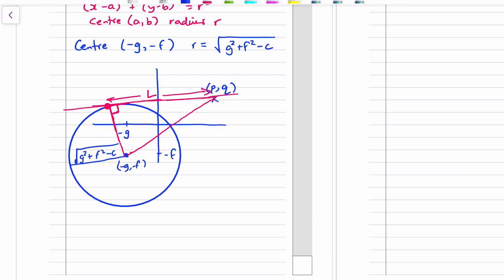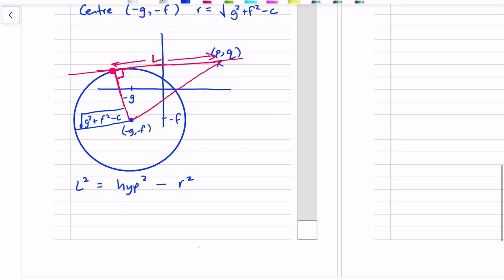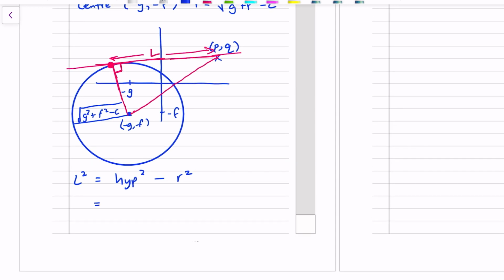So Pythagoras tells us that L squared is going to be equal to the hypotenuse squared minus the radius squared. Okay, and what is that hypotenuse? The distance between two points. We need to take the difference in the x values, square them, the difference in the y values, square them, add them up, square root. In other words, it's another Pythagoras, isn't it?